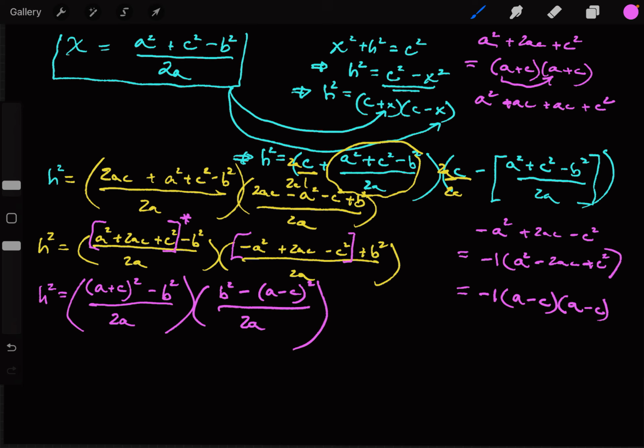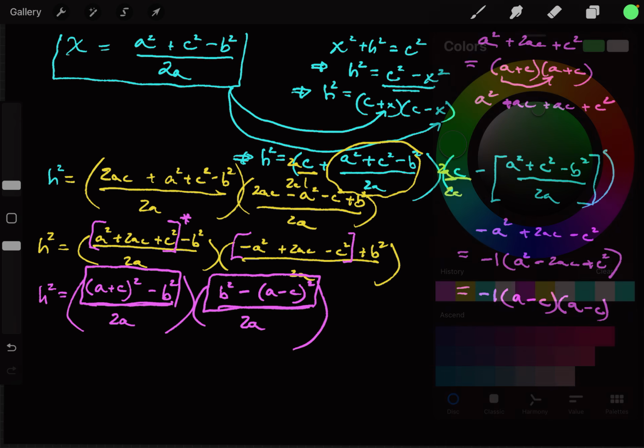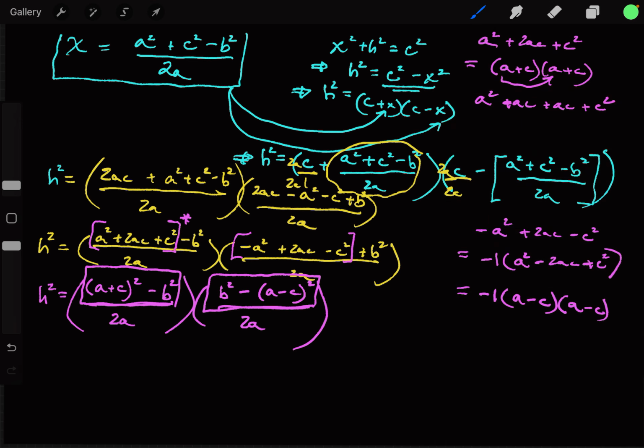And now we got to know something tricky again. We got to see that this here is the difference of two squares. And this here is the difference of two squares, right? So what does that mean? What does that look like and why? So we got to remember that it doesn't matter what it is, right?